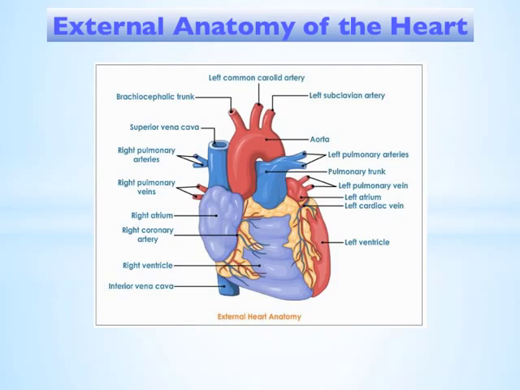Blood returns to the heart via the inferior vena cava and the superior vena cava, which enter into the right atrium. Blood goes to the lungs from the heart via the pulmonary arteries, and returns from the lungs via the pulmonary veins.